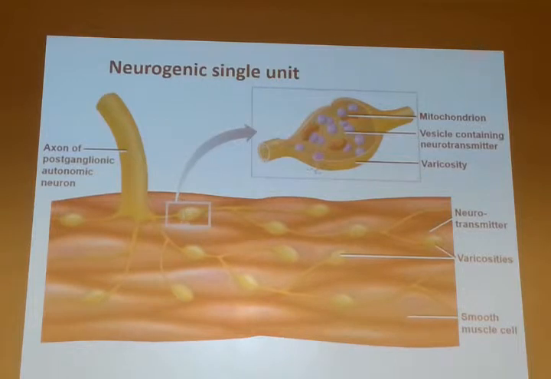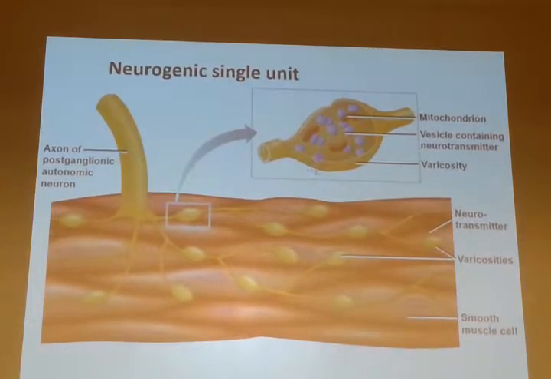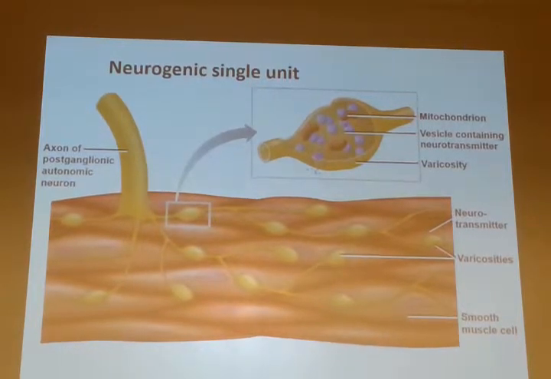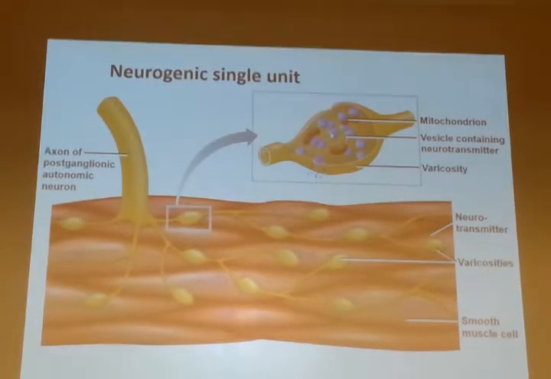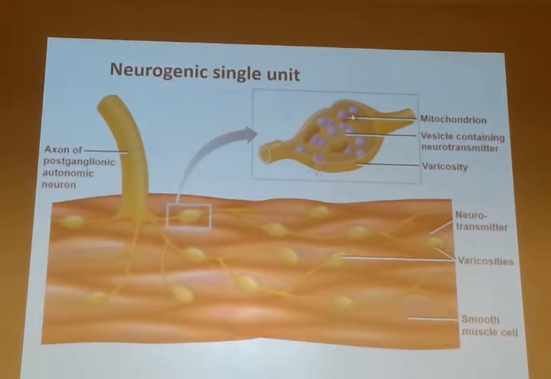So these swollen areas, they're named varicosities, like the dilated superficial blood vessels in lower extremities, you call them varicose veins. This is a dilated area of something, and this is a dilated area of a neuron process. It contains the vesicles of the norepinephrine neurotransmitter. Also has mitochondria there.